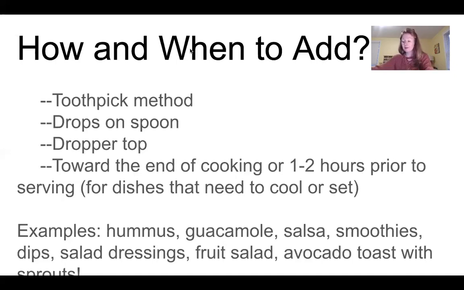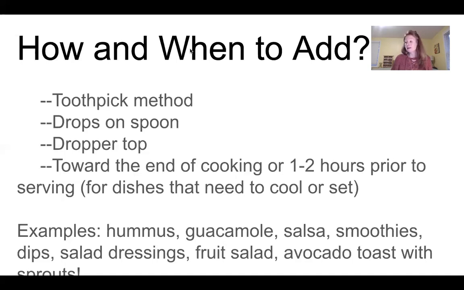As for when to add them, you really want to add them towards the end of cooking, for the reason I stated earlier, which is that you don't want to cook off all the benefits. So towards the end of your cooking time, add them in. Or if you have something that you're not cooking, or something that has to set, like something you put in the fridge and won't serve for a few hours, then you can add it an hour or 2 before.